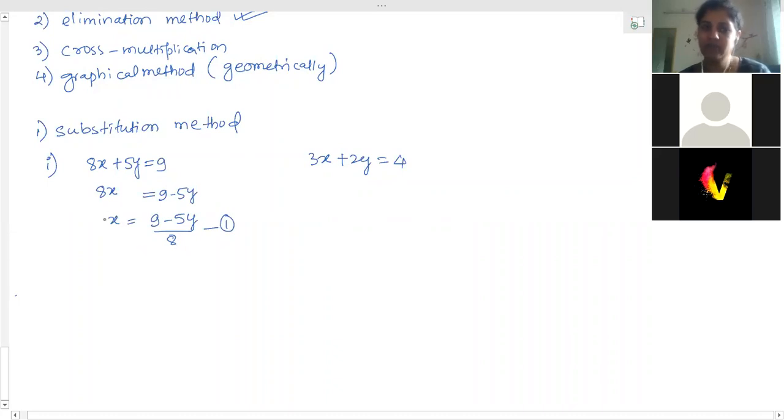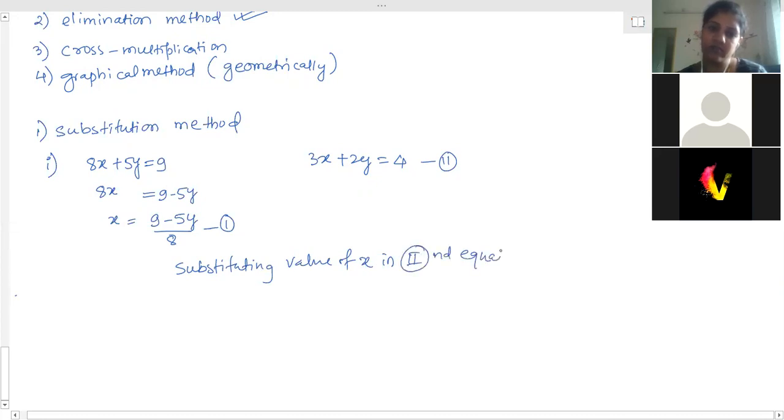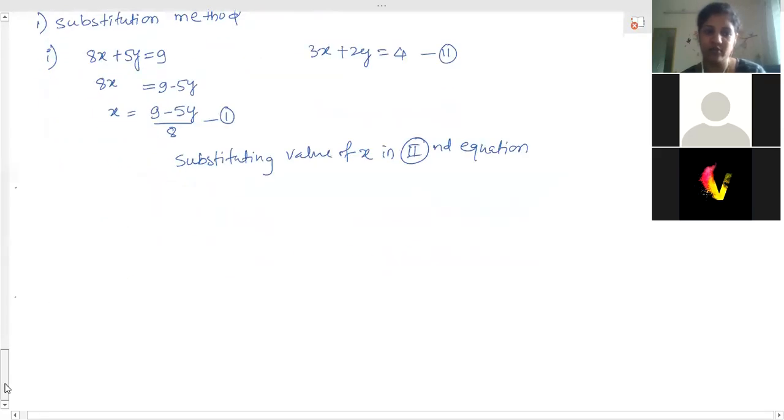Now this value of x we have to substitute in the second equation. This is the second equation. Substituting the value of x in the second equation, where x is there we have to substitute this value.